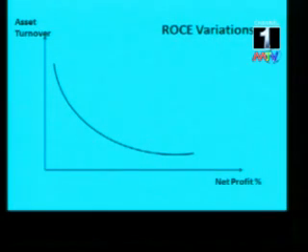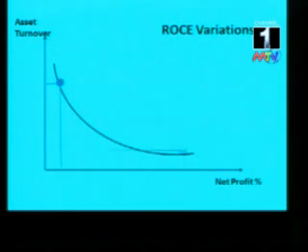So I have a slide with net profit percentage as my x-axis and asset turnover as my y-axis. Let me mark a company or a division with this blue dot. What happens here? This company has a very low net profit percentage but a very high asset turnover.